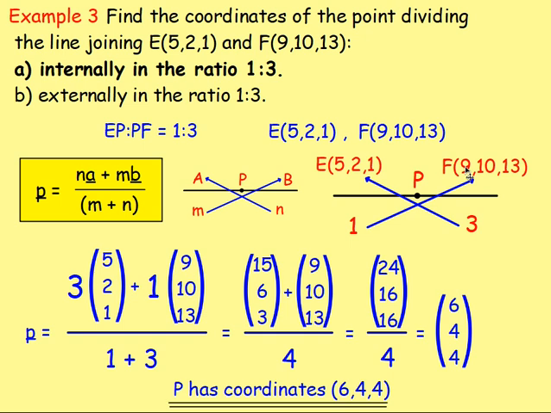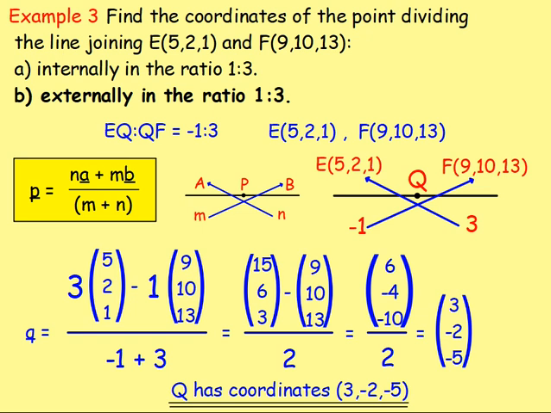In this case, it's E and F. The ratio m to n is just going to be 1 to 3, and from there 3 times vector E, add on 1 times vector F, and divide by 1 plus 3, so you get down to this. That will then give you the position vector P, so you'd have 6, 4, 4, and if you want to write down the coordinates, well, you can just write it out in a line, so you'd have 6, 4, 4.